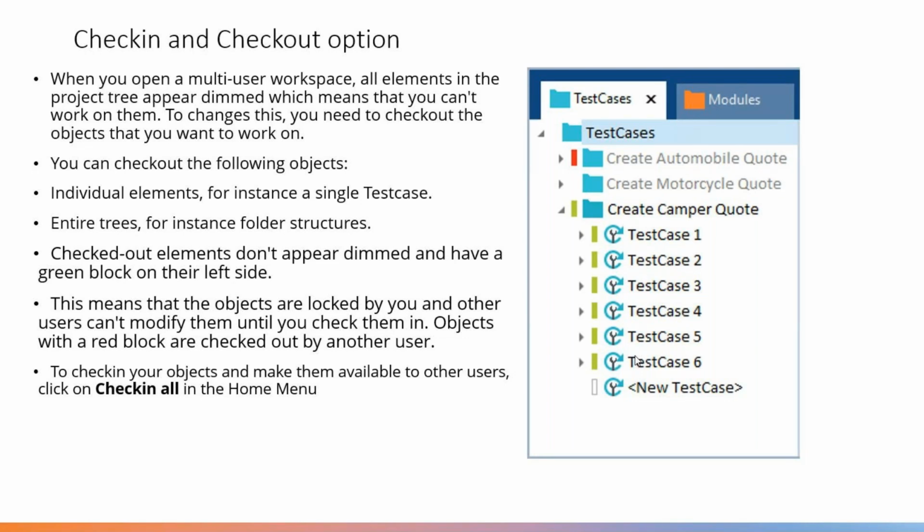I just have to reinstall my Tosca and do the necessary things. Then when I come back to my workspace and check out, I can see all the changes that I've done in the past day. So that is why check-in and check-out is very, very important, and this is one of the best practices given by Tricentis Tosca.